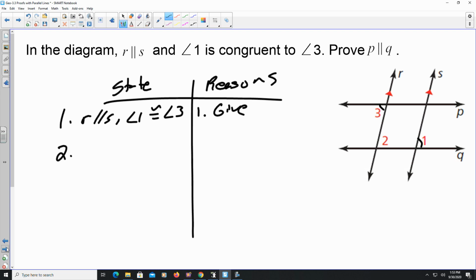Second, what I'm going to look at is angles 1 and 2 are both part of lines R and S. And since R and S are in fact parallel, we can say that angle 1 is congruent to angle 2 because of corresponding angles.